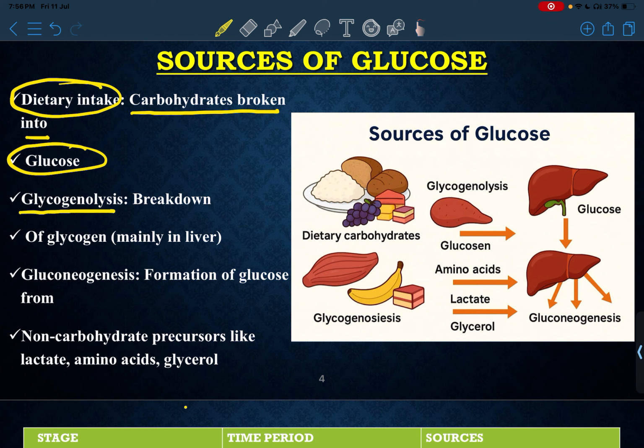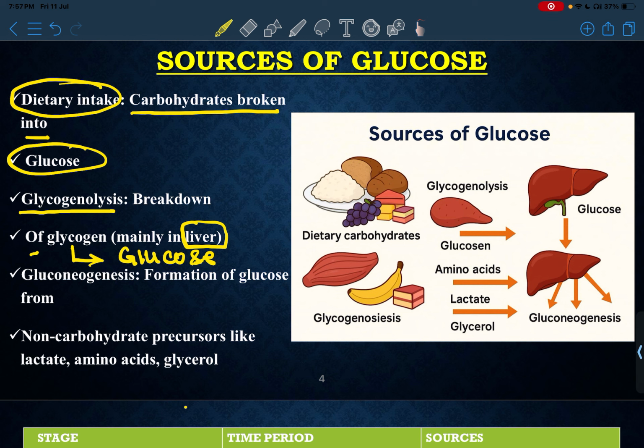Glycogenolysis is the process in which the glycogen stored in our muscle and liver is converted to glucose, and this glucose provides the energy. You can see this mainly in the liver. Why in the liver? Why not in our muscles?